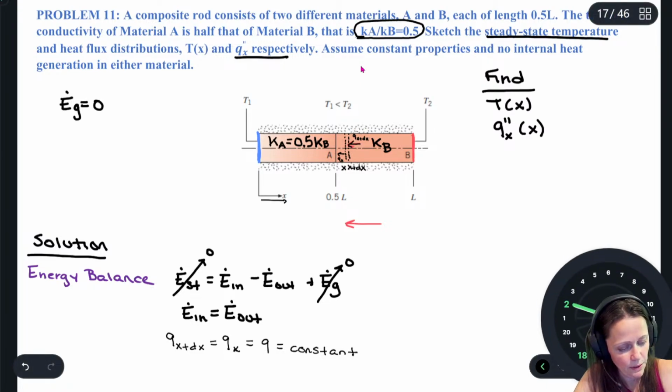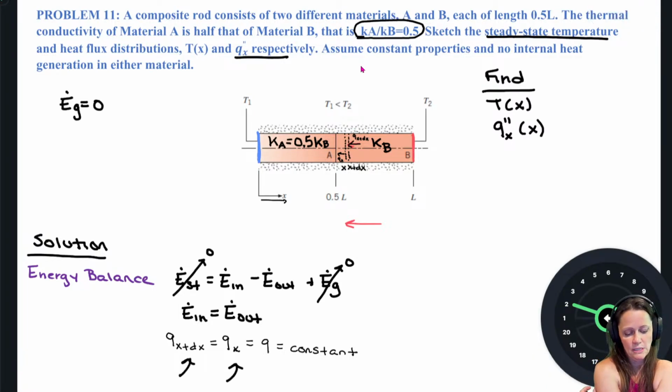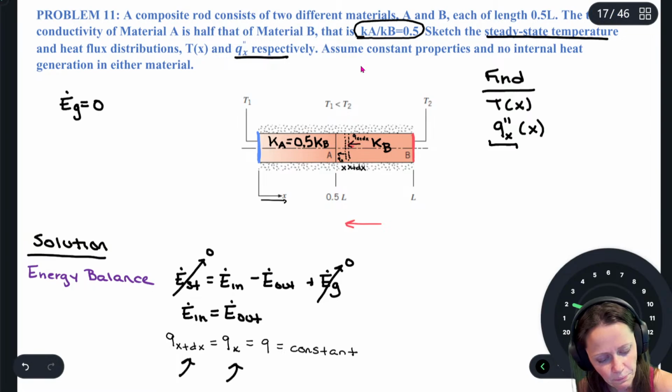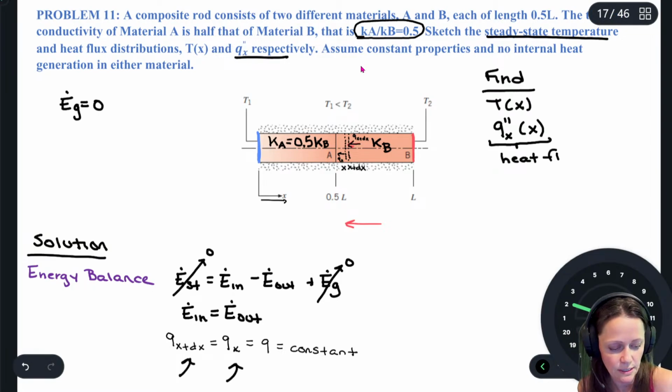Don't get hung up on the notation here. Down here, q at x and q at x plus dx, I'm talking about a particular location. Over here, they're talking about just the general heat flux in the x direction.